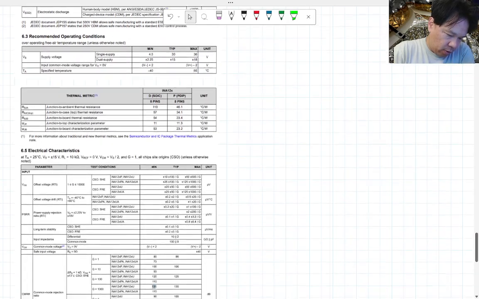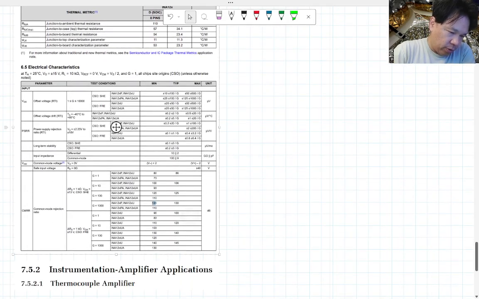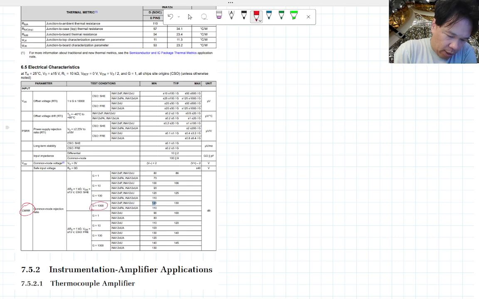So there are also electrical characteristics. This common mode rejection ratio: if you put in a gain of 1,000 in there, you get a minimum common mode rejection of 120 decibel, which is pretty good. Notice that if you put in a smaller gain, you get 120 still, but when your gain is pretty small, your common mode rejection actually gets smaller.